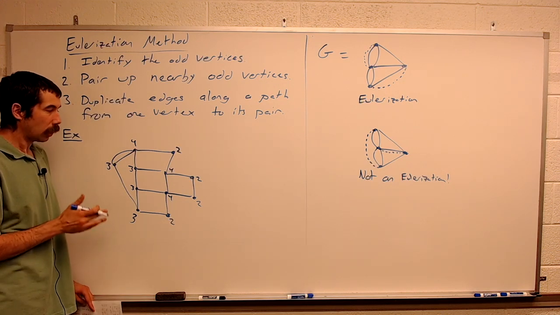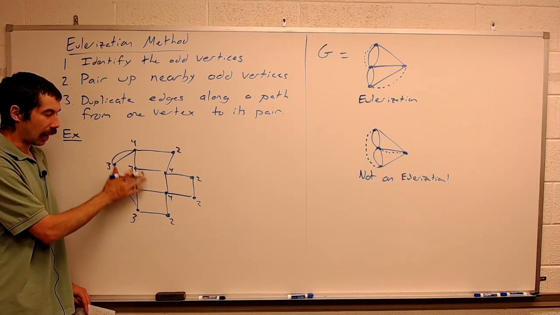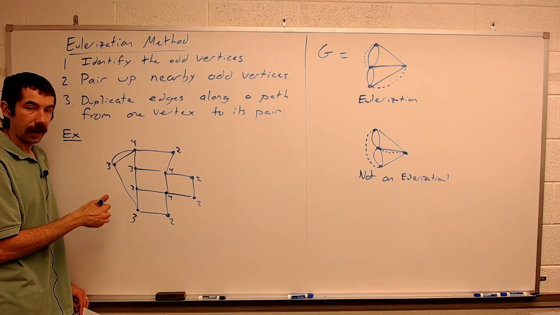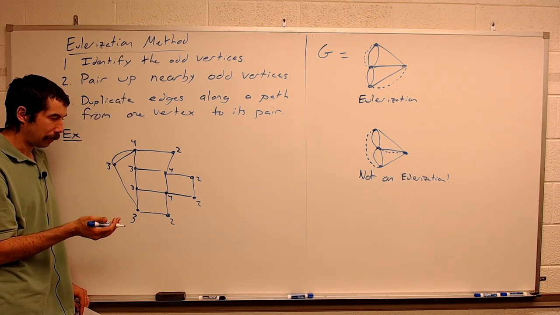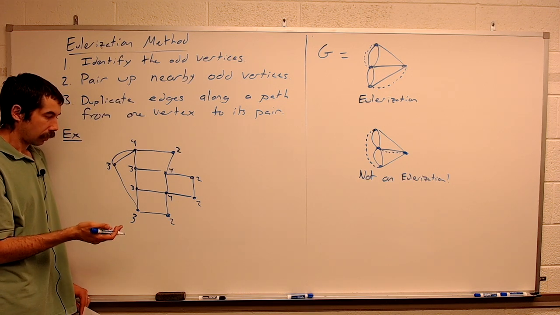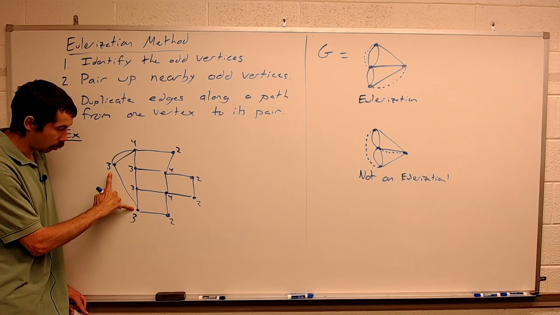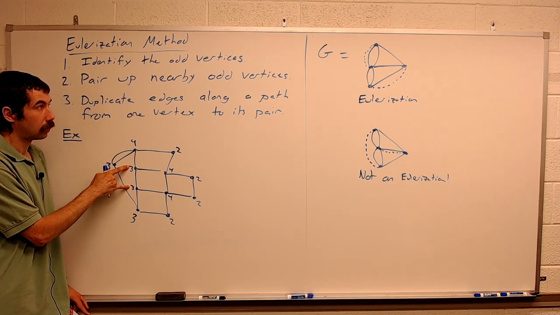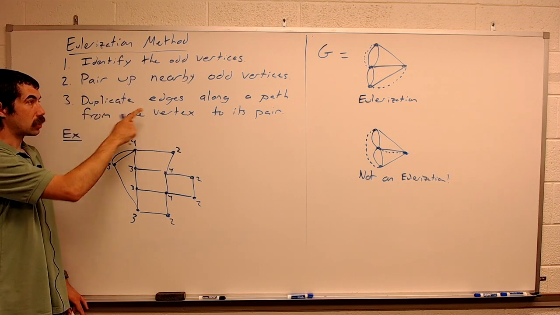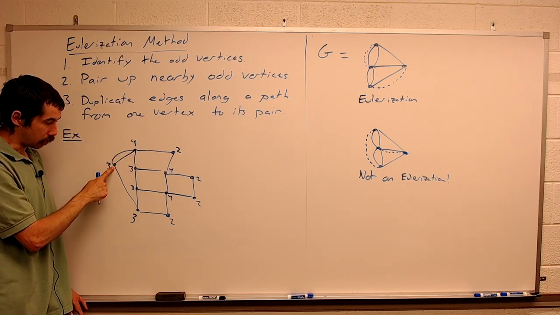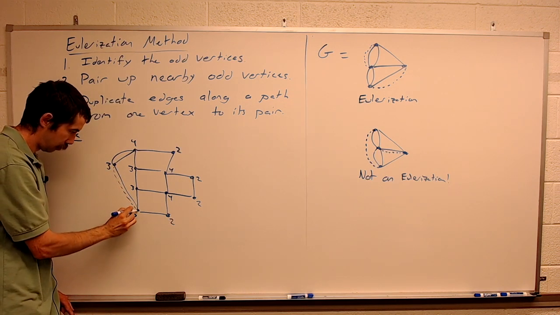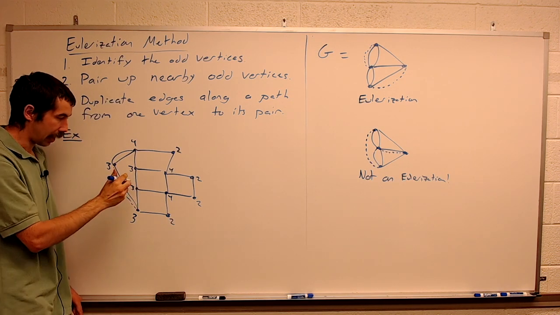All right, so to Eulerize this graph, we look at our odd vertices and we pair them up. And so there's a bunch of different ways to pair them up. But one such way is we could pair these two up, and we could pair these two up. Duplicate edges along a path from one vertex to its pair. Let's duplicate this edge. And we'll duplicate that edge.